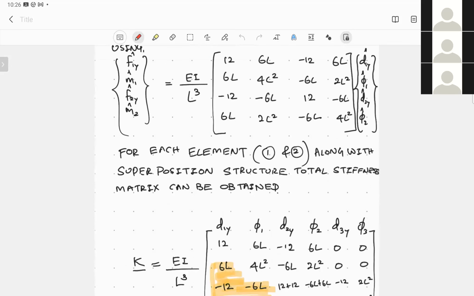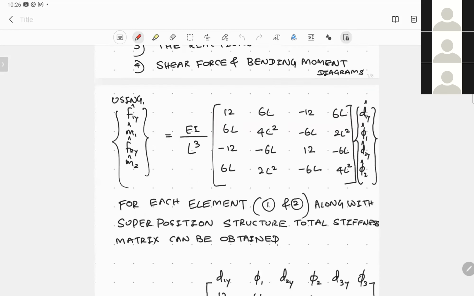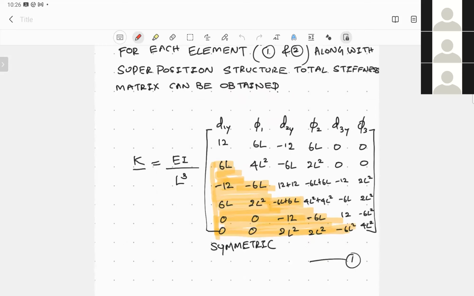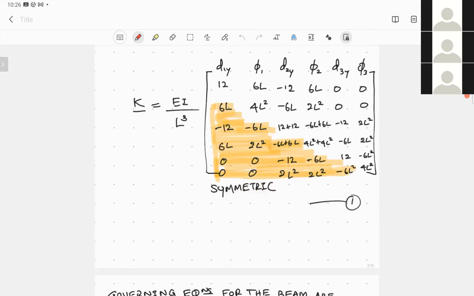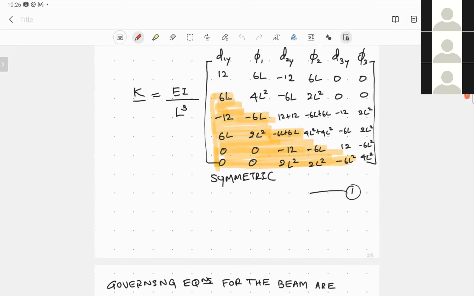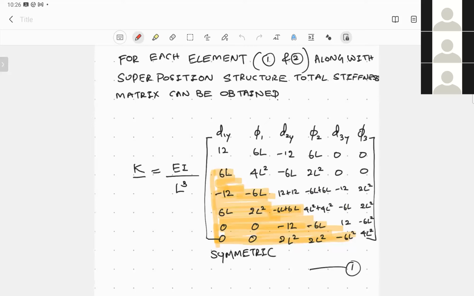So you can use the stiffness matrix which you derived for a beam element, apply it for element number 1 and element number 2 to construct. I will not write down the element stiffness matrices separately because you're already familiar with this.